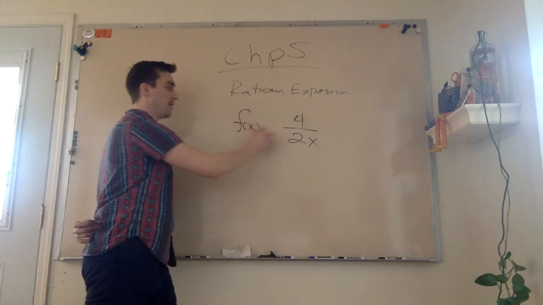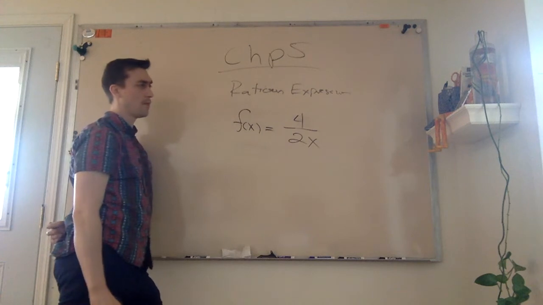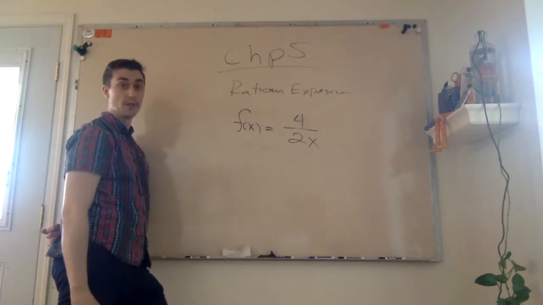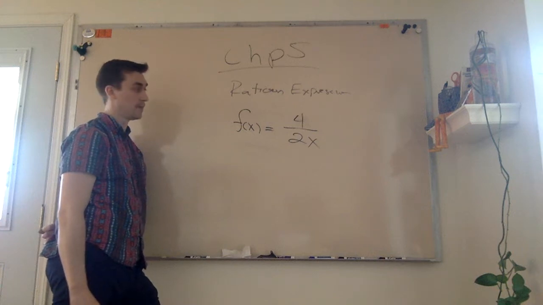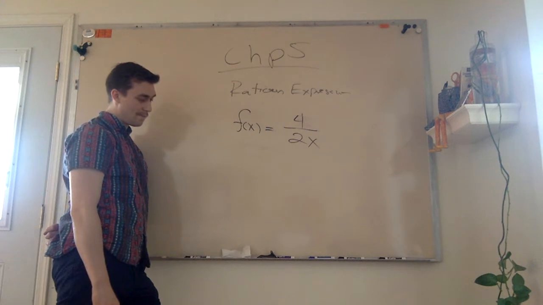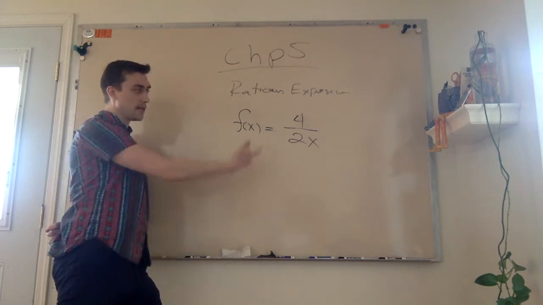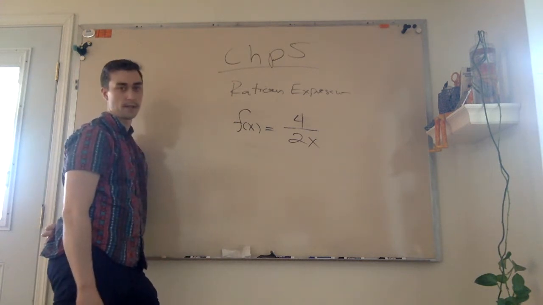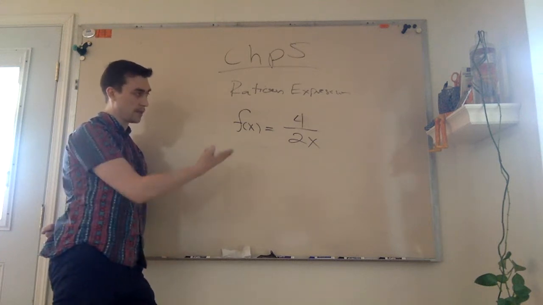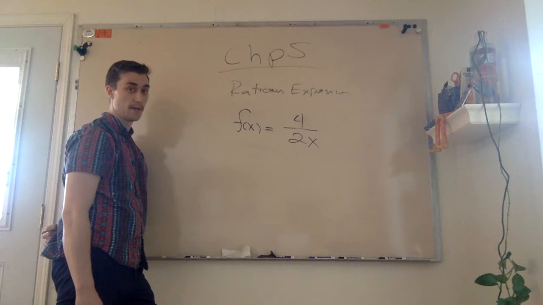The reason I'm making it a function is because I want to point out the problem with fractions in general that have variables in them. And that is that there is something that you can't pick for x in this case. For one thing, this function can be simplified, right?